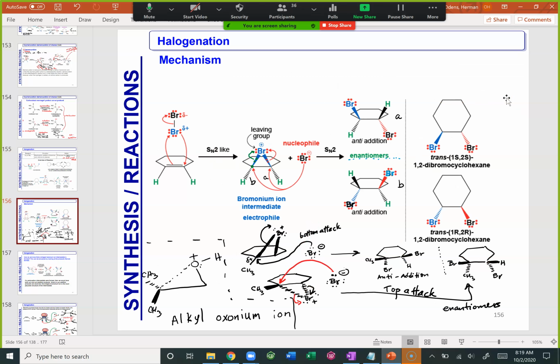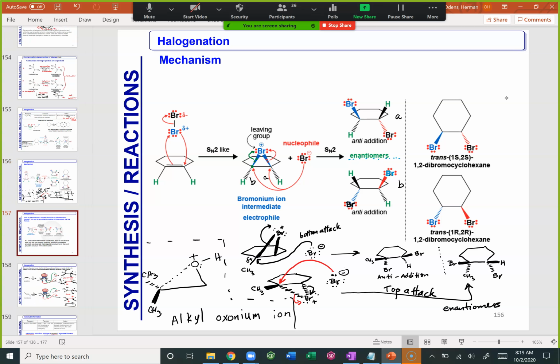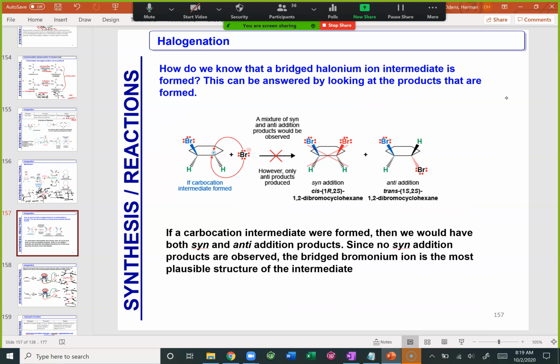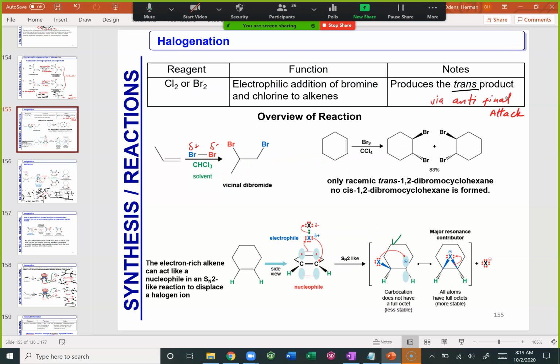So here are more examples of that. Again, the halogenation and the halohydrin reactions are very, very similar. The reason why they're different is because here we have an inert solvent, and so this is not a nucleophile.